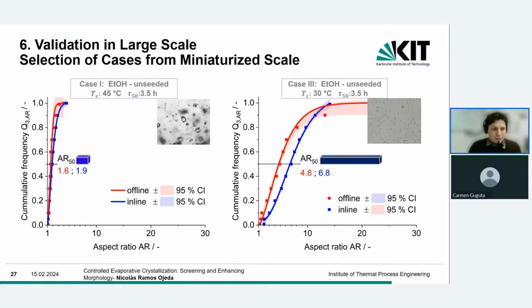You can see also these offline and inline curves, because if you are interested in performing those experiments at large scale, you are not only interested that during the crystallization the crystals had the targeted morphology inline, but also that after the solid-liquid separation and after the drying, this morphology remains. That's why we perform those analyses offline and inline. And there is quite good agreement between both curves.